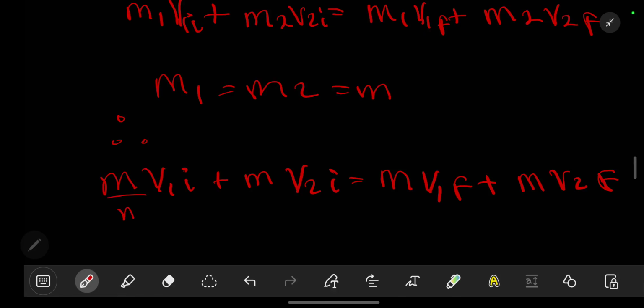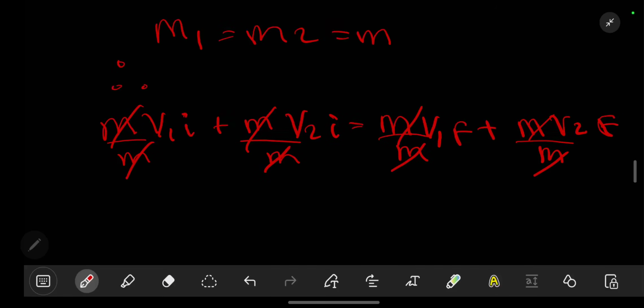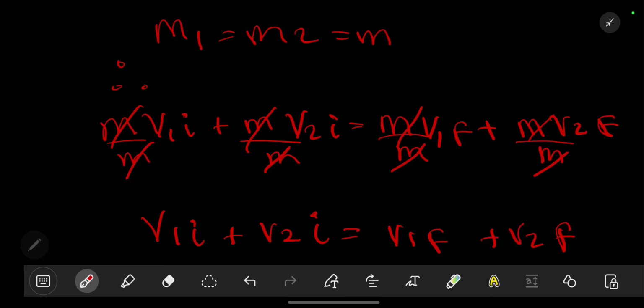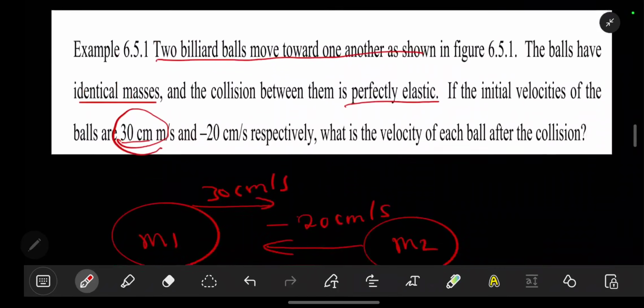So with this, we are going to divide our M throughout to cancel it. We haven't been given the mass, so we don't need it. So we are going to have V1 initial plus V2 initial should be equal to V1 final plus V2 final, like that.